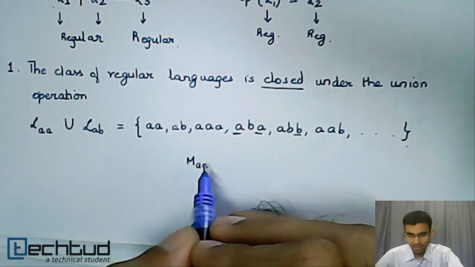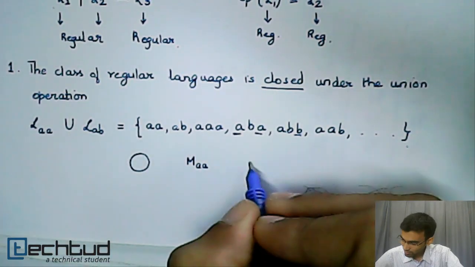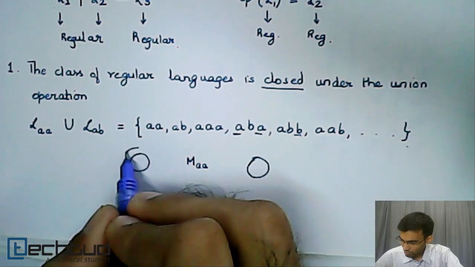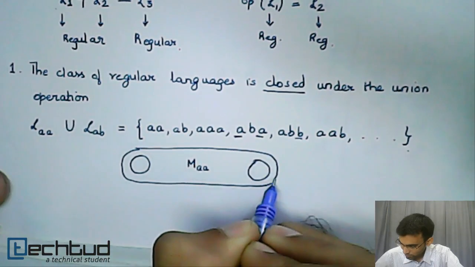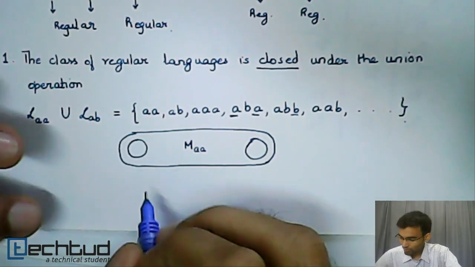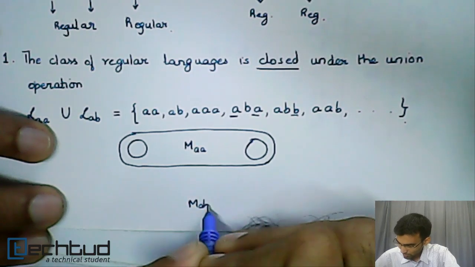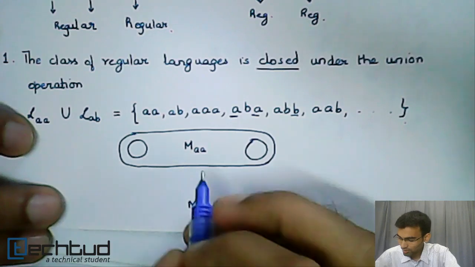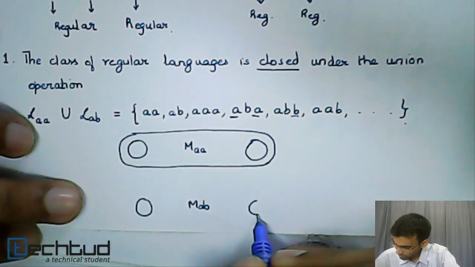MAA has a start state and a final state. Similarly, by virtue of the fact that LAB is regular, we can draw a DFA for it, MAB, again with a start state and a final state.